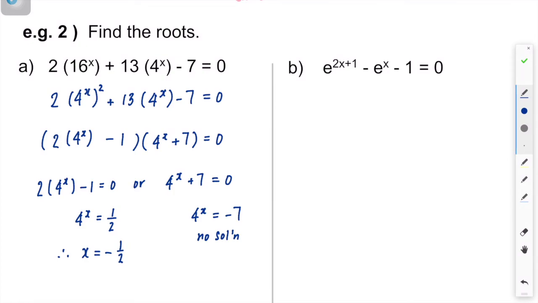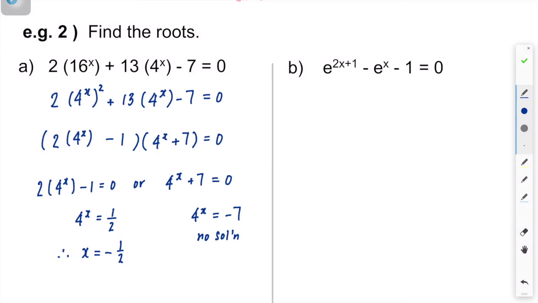Second question here, 2b. We have e to the power of 2x plus 1 minus e to the power of x minus 1 equals 0. Well, e to the power of 2x seems like some quadratic form here. But how do we deal with that plus 1?